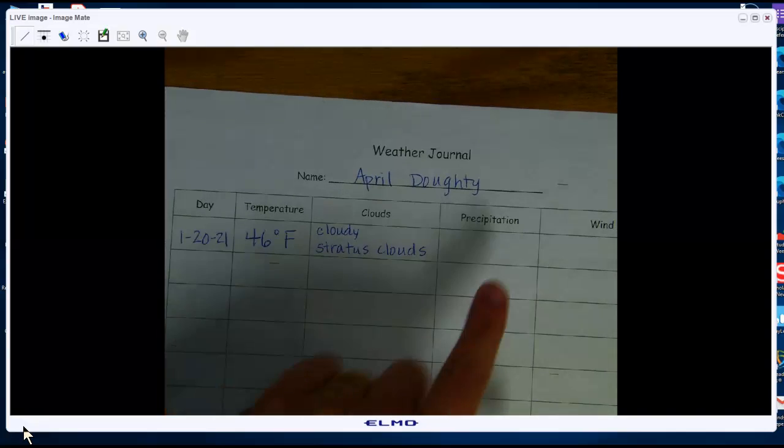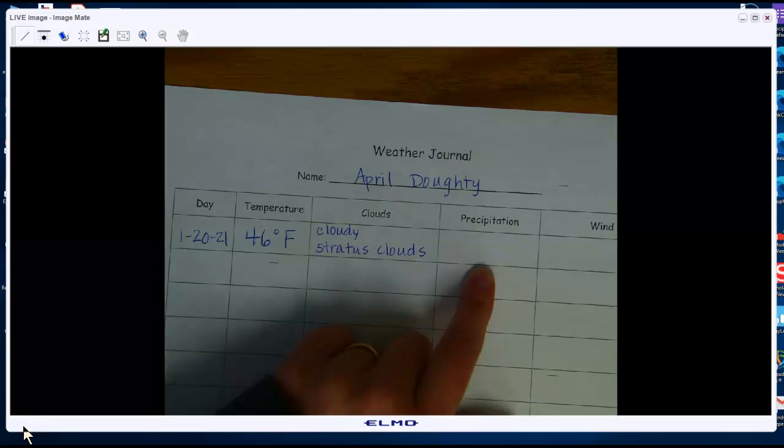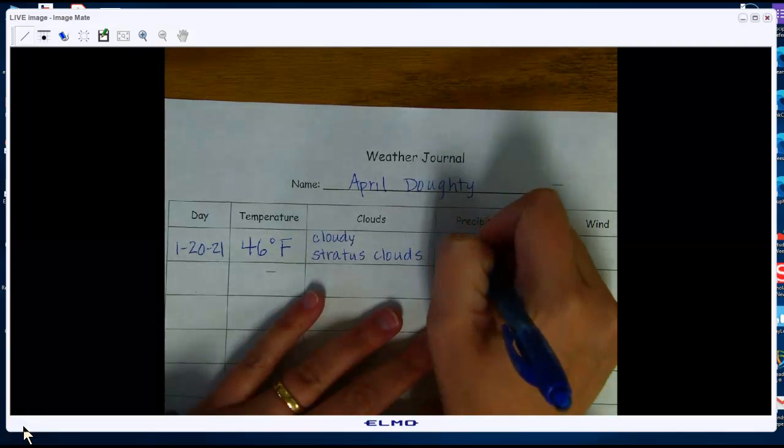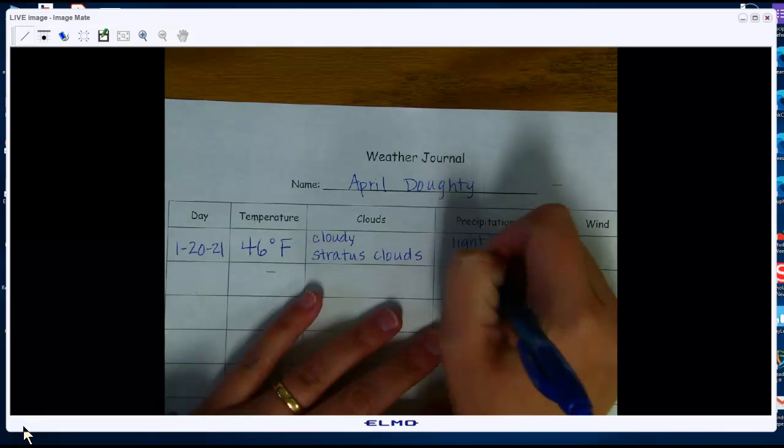And then what did we say, Gracie, was the precipitation? Yeah, there was nothing showing in our rain gauge because it's barely rained today, right? Just kind of drizzled. So we couldn't give it a number because it was just some drops in there. It wasn't like showing any inches or quarter inches. So we just said it was a light rain. That's all we can really say. We can't say how many inches it is because there's nothing there.